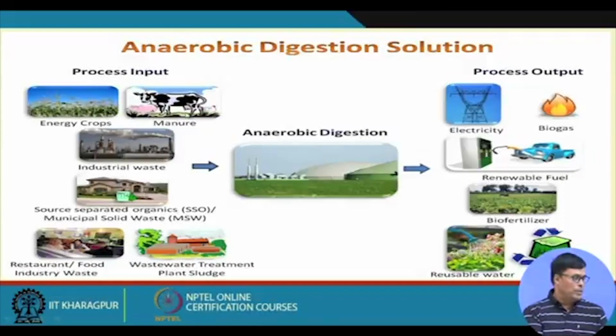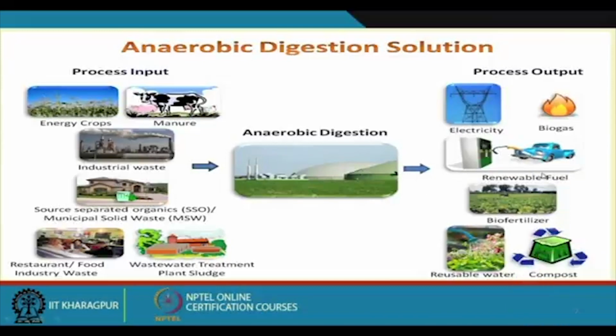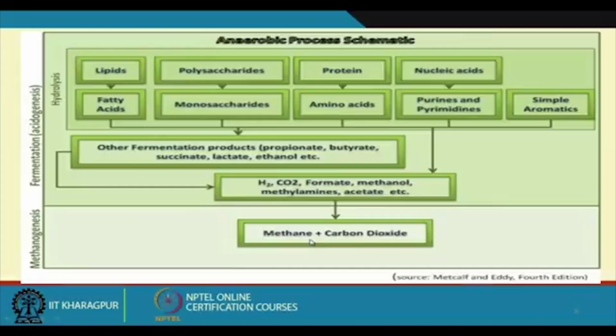We have energy crops, manure, industrial waste, and restaurant waste and wastewater. When passed through the anaerobic digester, the output can be used as a renewable fuel. The digested material can be used as a biofertilizer, which greatly increases the growth of plants. We can also use it for the generation of electricity.